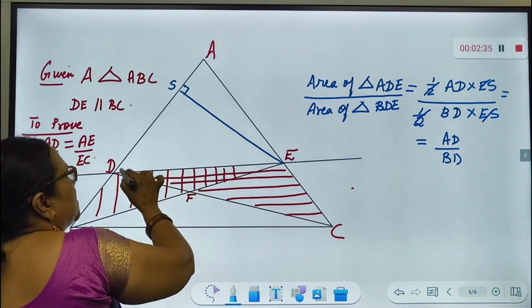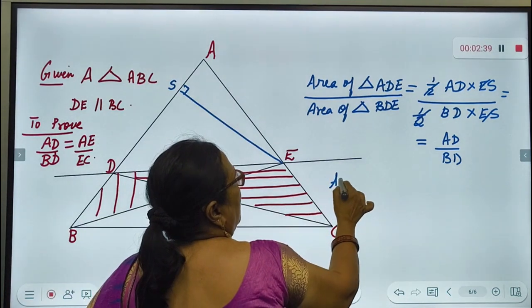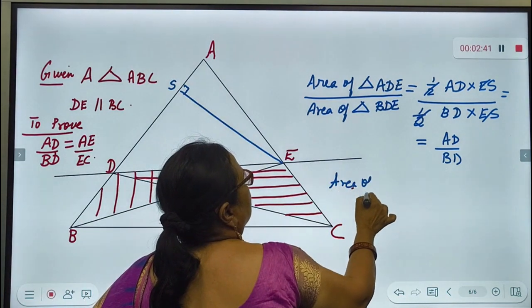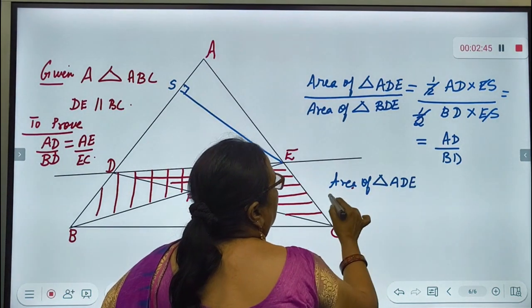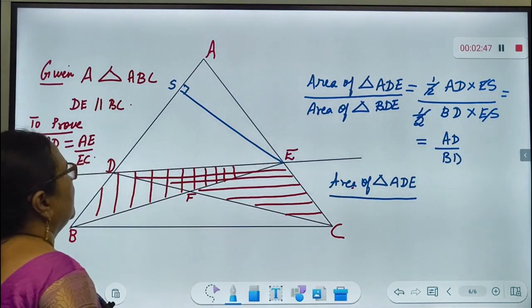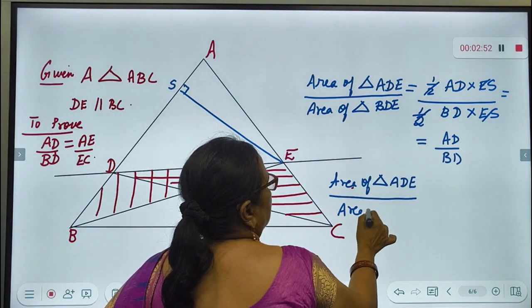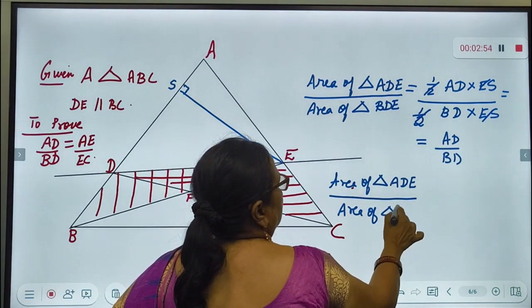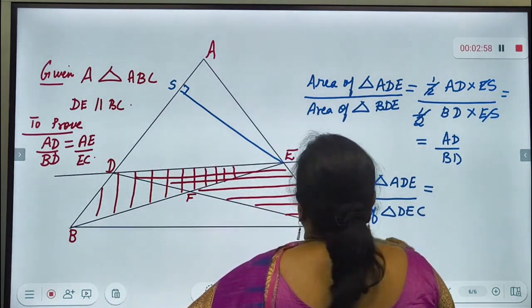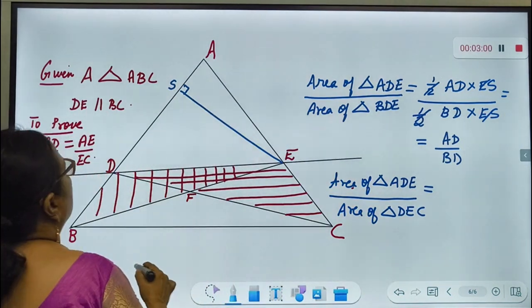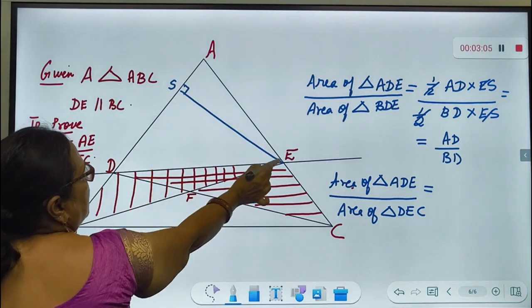Now again I am going to consider this triangle and this triangle. That is area of triangle ADE divided by DEC. For ADE, I can also take this as the base.